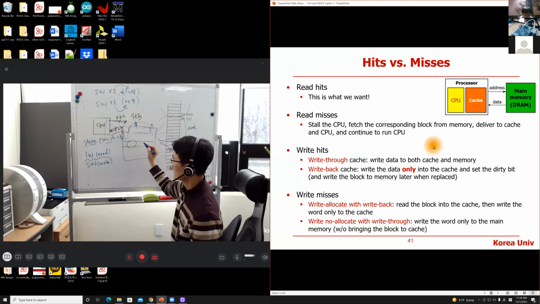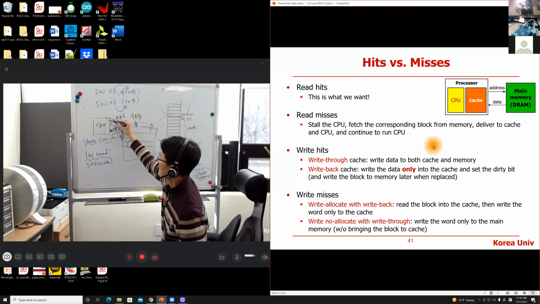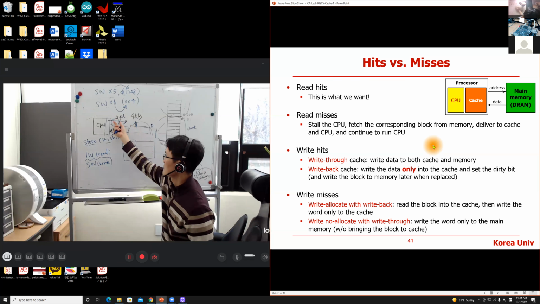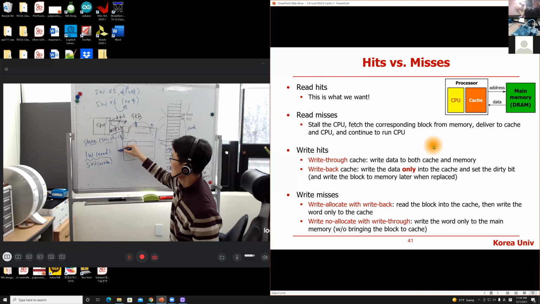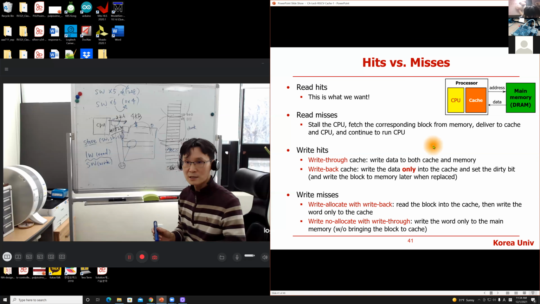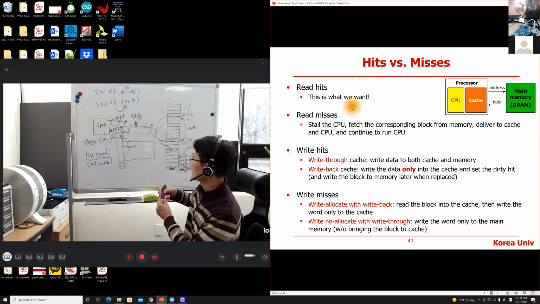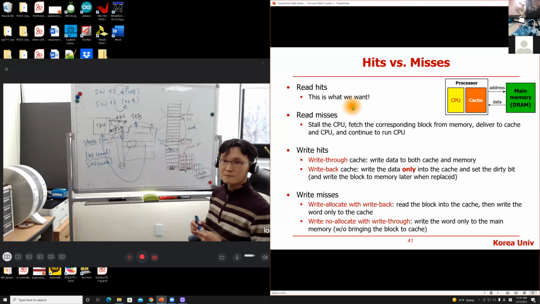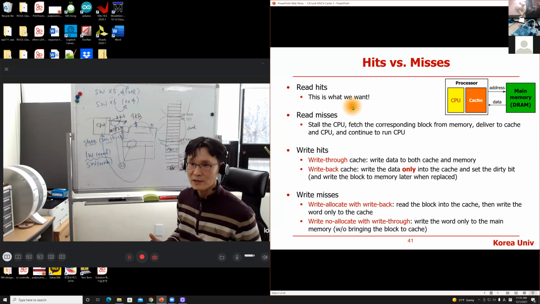Compare tag information against the corresponding chunk ID field, right? So compare these two, equal, then cache hit. Okay, so read hit. That is what we want, right? Read hit, then cache is able to supply data to CPU directly. So it is going to be very fast.